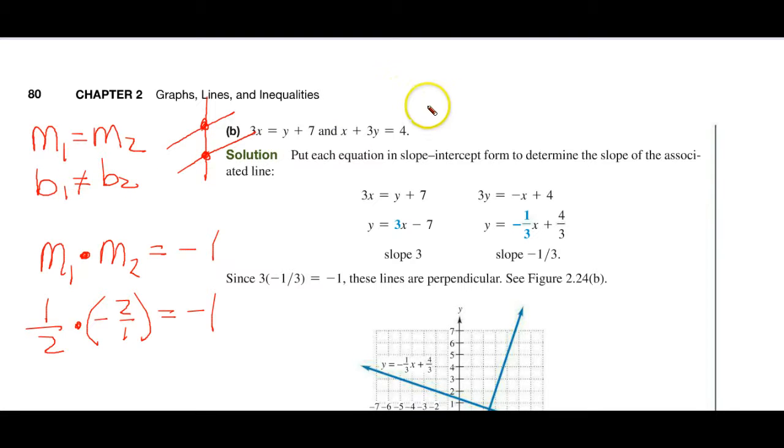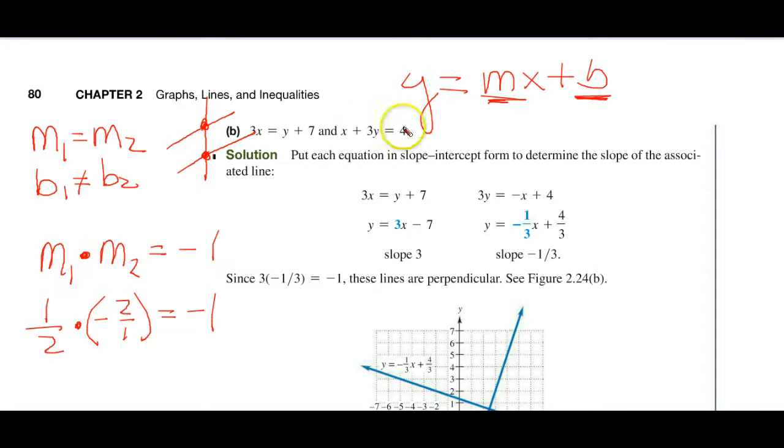So if you were to solve an equation for y, and then you get mx plus b in two equations, you compare the slopes and compare the y-intercepts. The slopes are the same, but the y-intercepts are different, the lines are parallel.